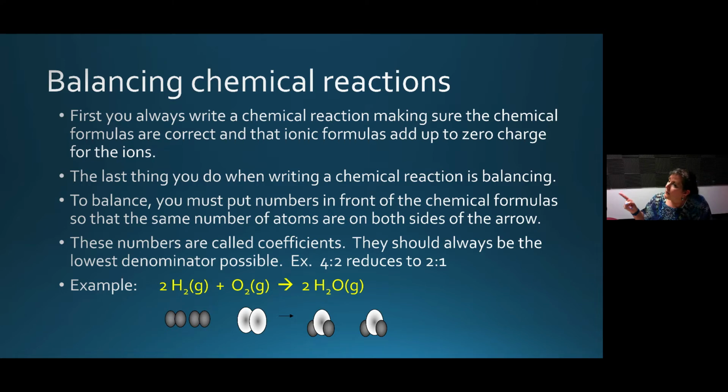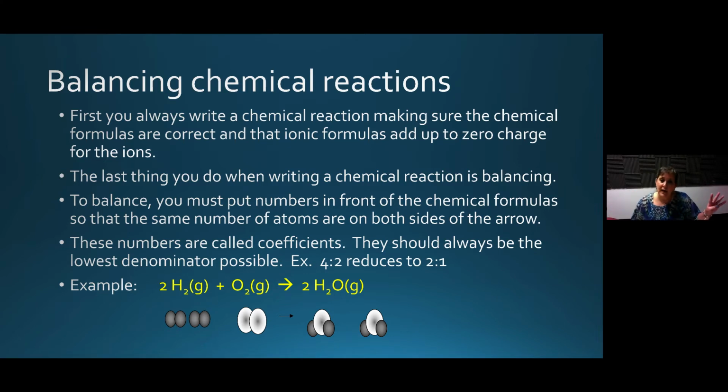If you look at the bottom of the slide, we have a balanced reaction. We have 2 H2 gases plus 1, when there's nothing it's an understood 1, O2 gas, and then the arrow making 2 H2O gases. Look at the little pictures. On the left side of the arrow, there are 4 gray hydrogen atoms.